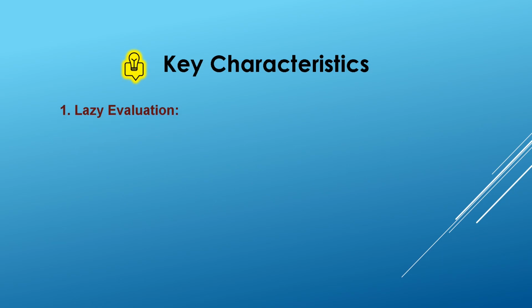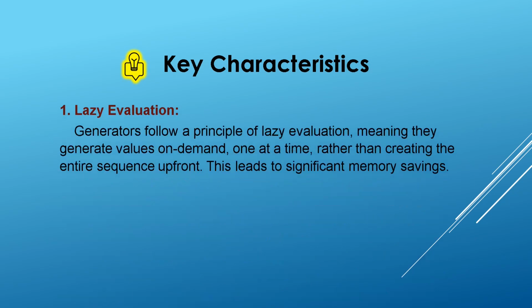Number 1. Lazy evaluation. Generators follow a principle of lazy evaluation, meaning they generate values on demand, one at a time, rather than creating the entire sequence up front. This leads to significant memory savings. Number 2. Memory efficiency.